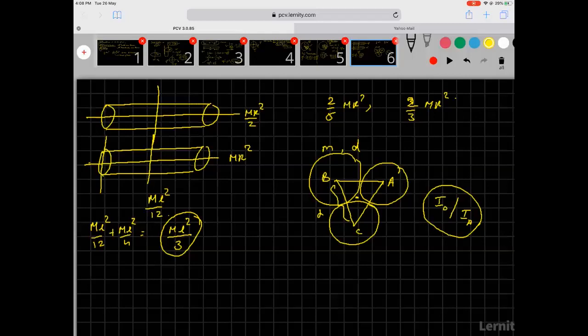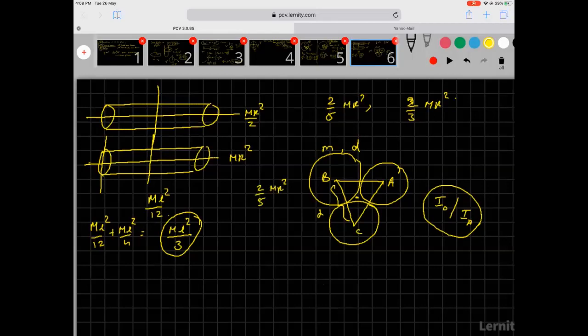So try to find out each one of these. It's a solid sphere, so it is 2 by 5 mr squared.